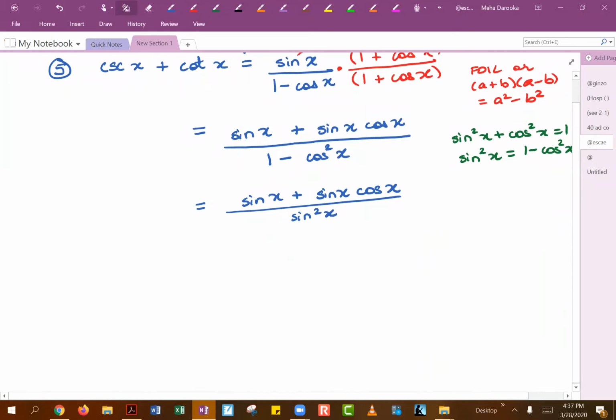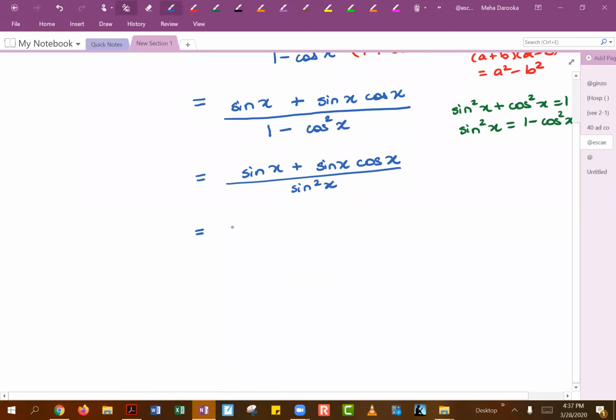So now this is where, using this plus sign, we are going to separate our fraction. So you're going to have sine of x by itself divided by sine squared of x, right? And then, like I said, using that plus sign, now separate the other part.